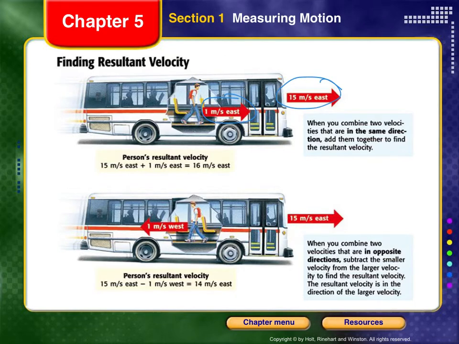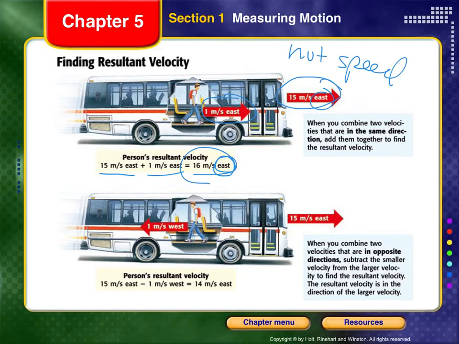So you can add these two velocities, as long as they're in the same direction, to get a resultant velocity. It's pretty simple: 15 plus 1 equals 16 meters per second east. Notice this is velocity because it has the direction on it. This is not speed in this case.